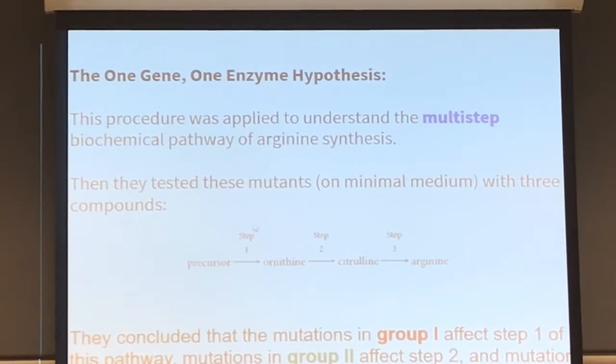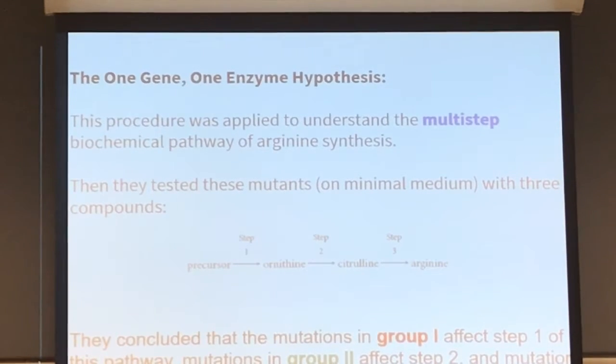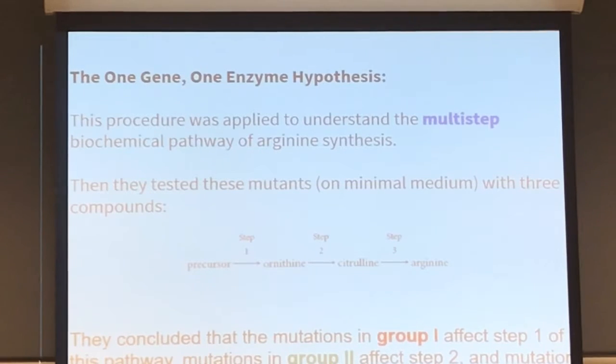They took this mutated Neurospora and added it to tubes that only had citrulline, or only ornithine, or only a much earlier precursor, and saw when they start growing and when they stop growing. Thereby, they were able to map a pathway for arginine synthesis.